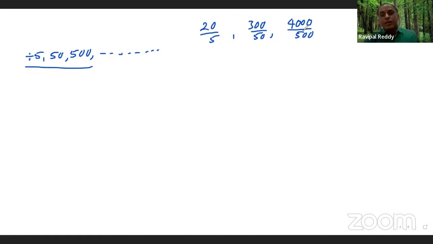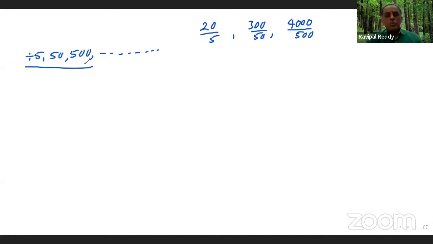Within 1 or 2 seconds, you are able to find the answer, because here the numerator is exactly divisible by the denominator. Therefore, within seconds you are able to find the answer.